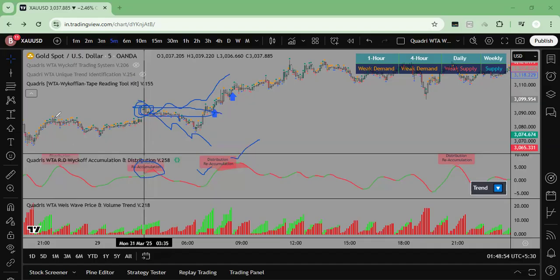Because we got the first distribution which was not held, and the market has fallen down, this gives me an idea that if this is a reaccumulation, then the market will come down and eat away all this liquidity which is held in this particular area.